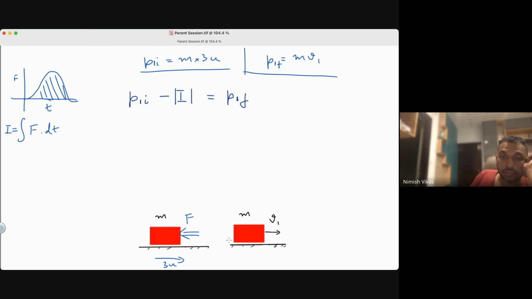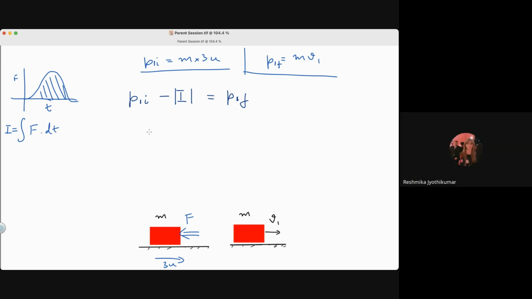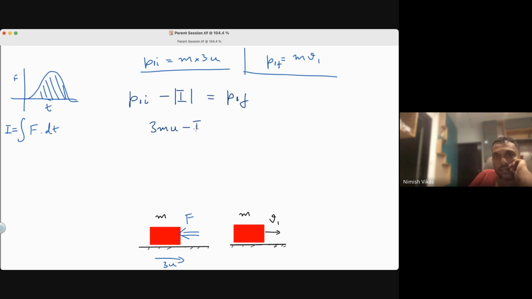It could have received a backward impulse so high that it could have been going back also. Any doubt in this? So 3mu minus I, where I is a value, is equal to mv1.